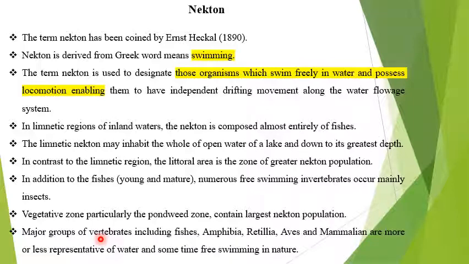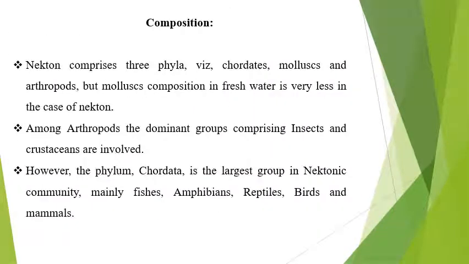Major groups of vertebrates, including fish, amphibians, reptiles, aves, mammalia, and other representatives of the water, and some free-swimming forms are included in the nekton. Nekton comprises mainly three phyla: Chordata, Mollusca, and Arthropoda.